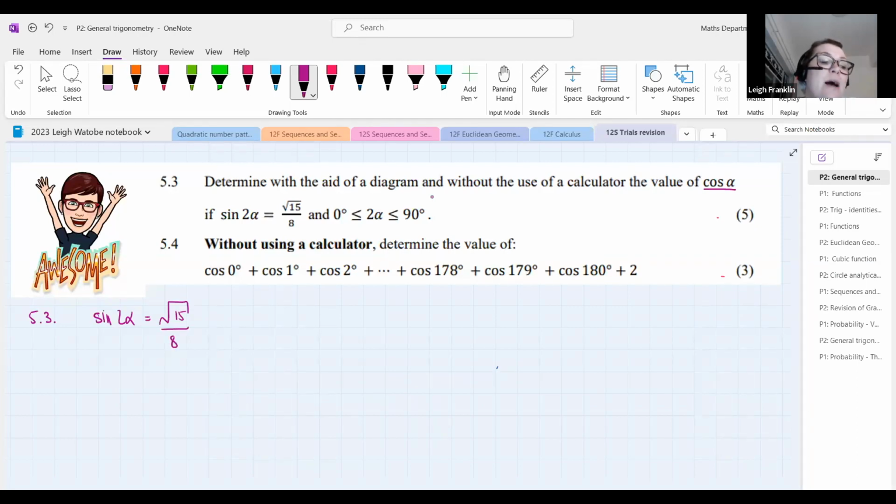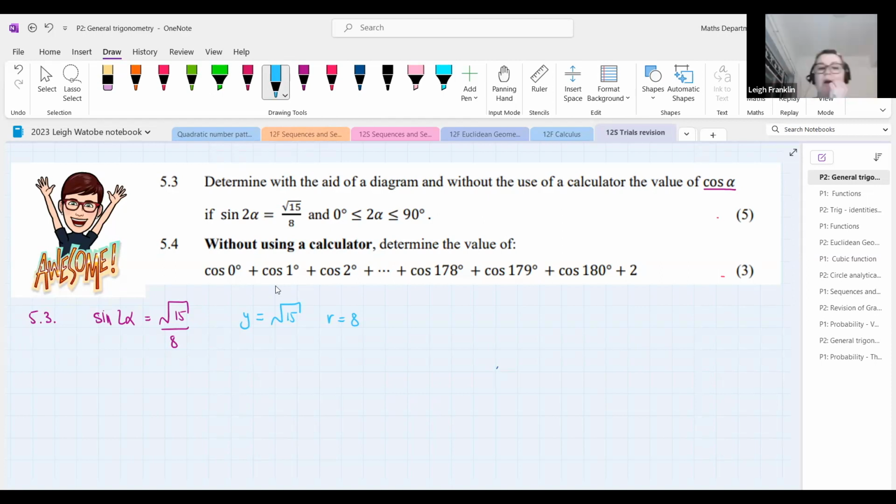We know that the sine of any angle is always y over r. So in this case, y is equal to root 15 and r is equal to 8. How are we going to work out what x is?